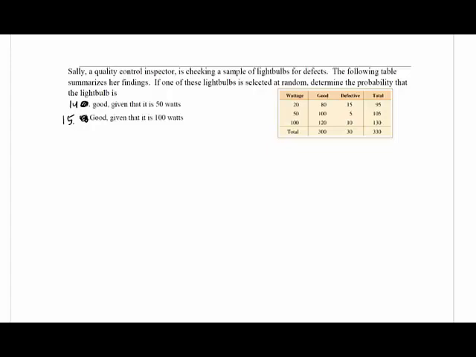Sally, a quality control inspector, is checking a sample of light bulbs for defects. The following table summarizes her findings. One light bulb is selected. Find the probability that light bulb is. So number 14, we have the probability that the light bulb is good, given it's 50 watts.